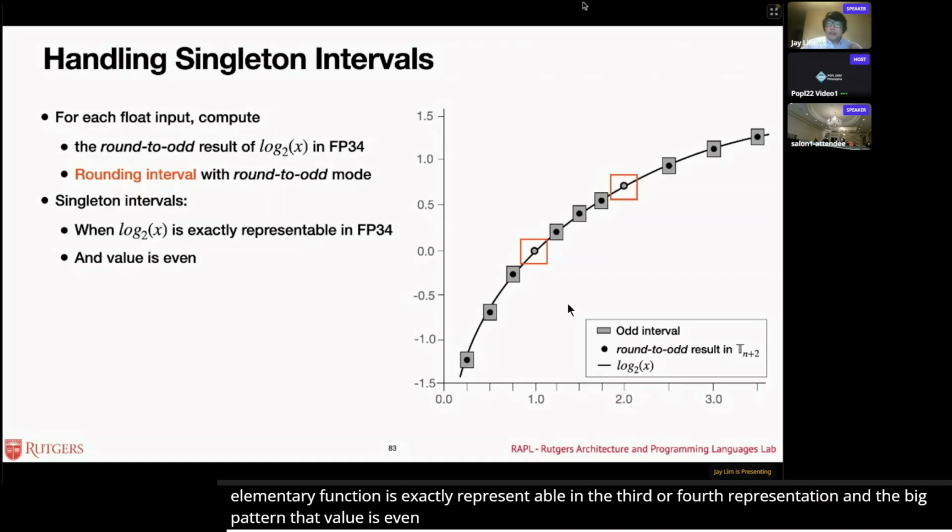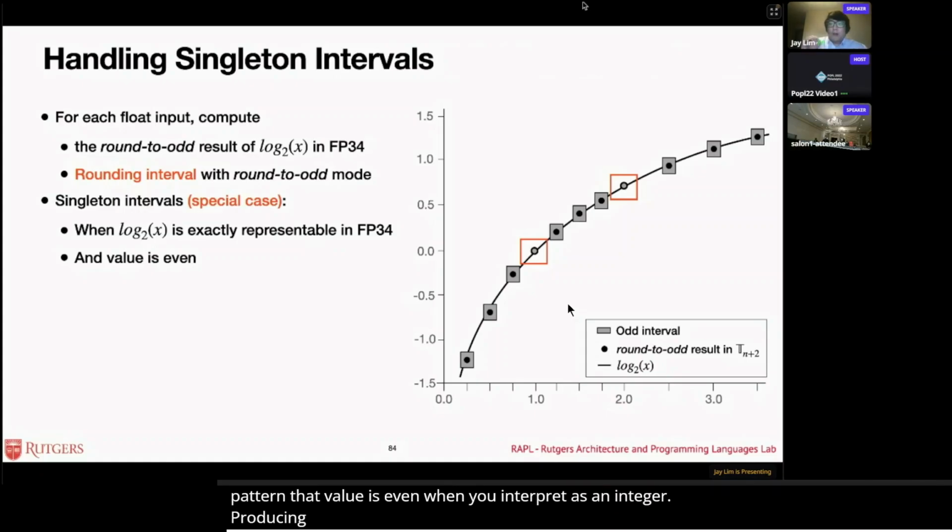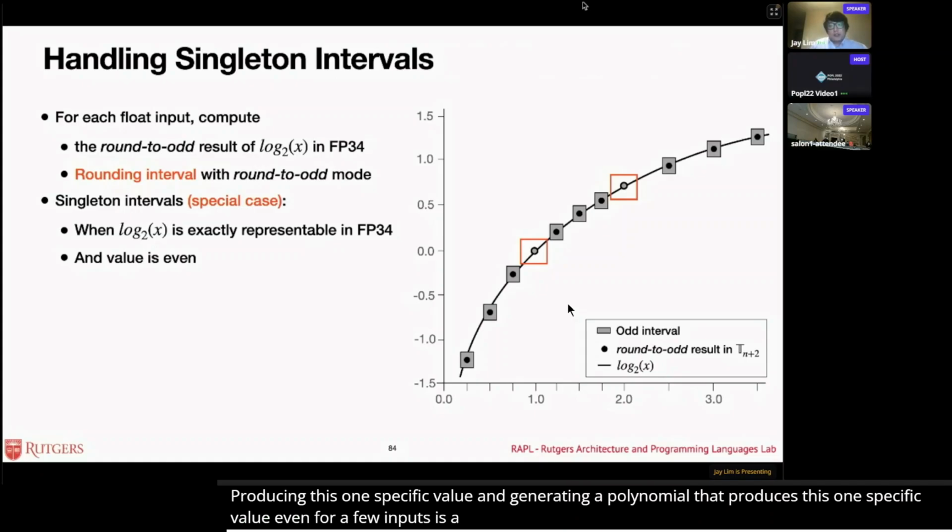And generating a polynomial that produces this one specific value, even for a few inputs, is a really challenging problem, especially considering that you also have to satisfy millions of other rounding intervals for all the other inputs.